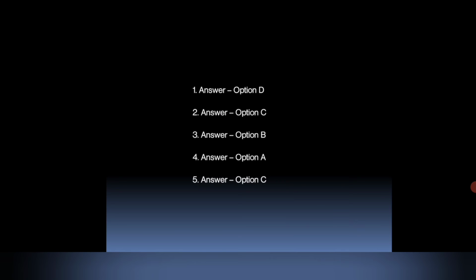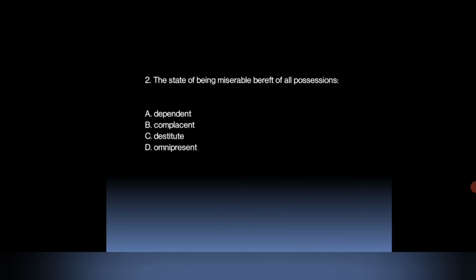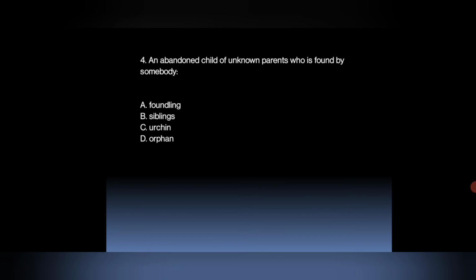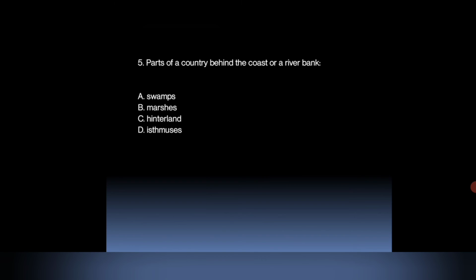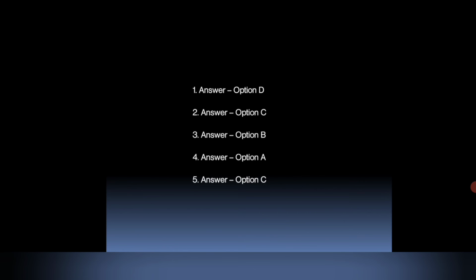The answer to the first one is option D. Let me go back again to show you the answer. D is caricature. Let me go forward, and for the second question, the right option is option C. So what is C? Destitute. If you have chosen the right one, you are good, students.